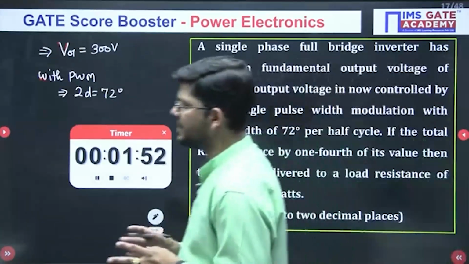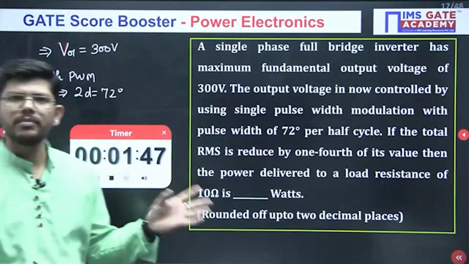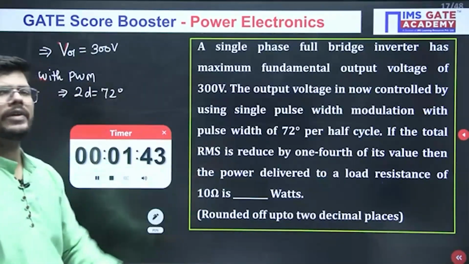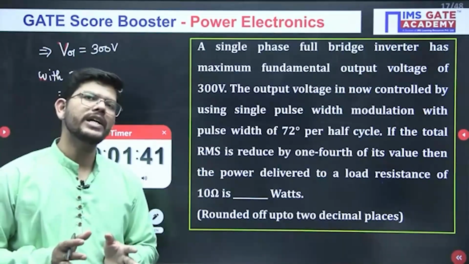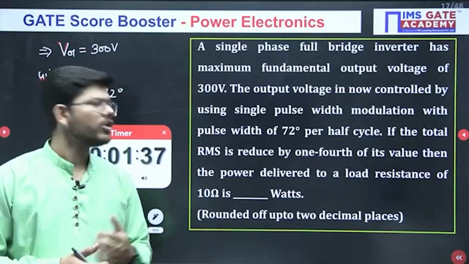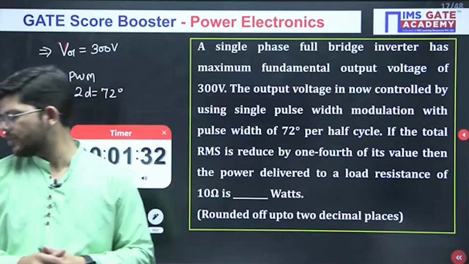Firstly, we have been given the maximum fundamental component when we are not using the PWM technique. Then when we are using the PWM technique and choosing this pulse width, the total RMS voltage is reduced by 1/4. Then what will be the power delivered to a load resistance of 10 ohm? This is what you have to calculate.